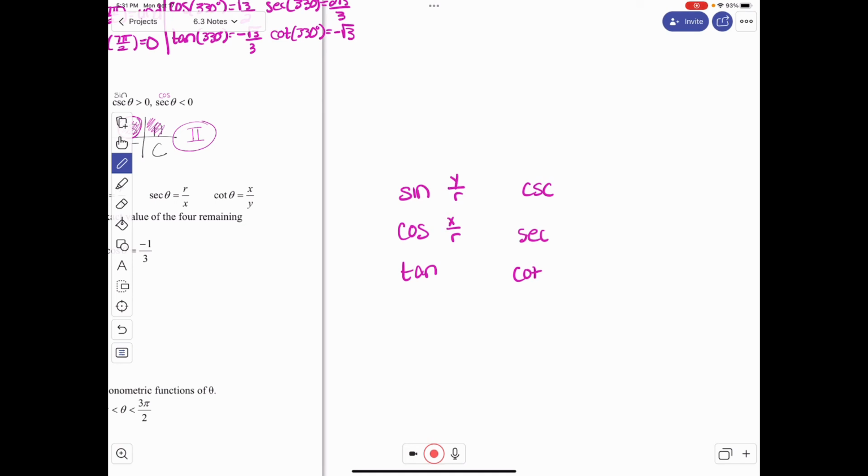Tangent is y over x, you take those two and it just goes in order. And then the other ones are just flipped. Cosecant, flip sine, r over y. Secant, flip your cosine, r over x. Cotangent, flip your tangent, x over y. And that's it. That's how you memorize them.